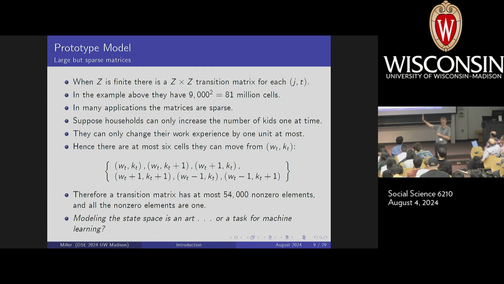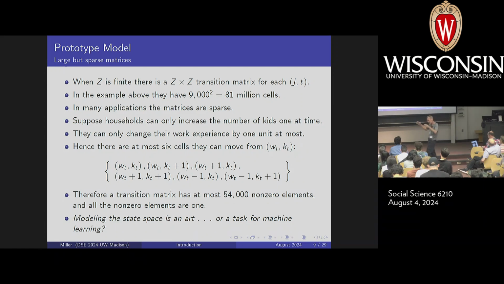Once you've got them, you have to keep them. So if you work that out, and you only allowed people to have one kid at once, you only get 54,000 different elements. And not only that, all of these non-zero elements are 1, or at least the additions are 1.